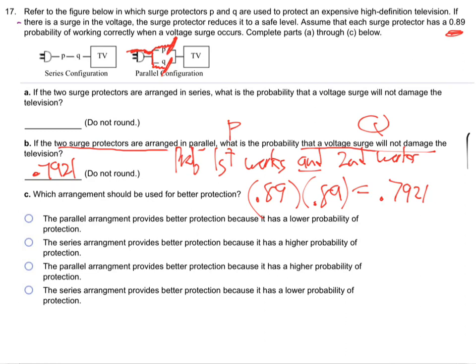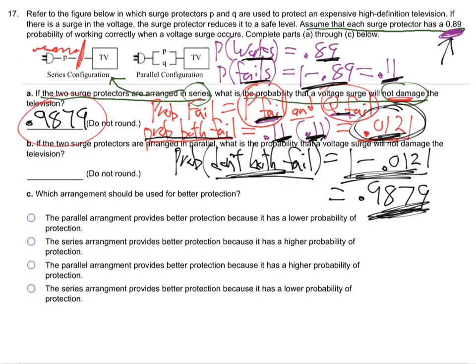So that ends up coming out a lower chance they're both working than the last problem. The last one was a better chance because putting them in series was a better way to go. This is a better way to go, because if one of them is not working but the other is, it'll still block it, won't it? If P fails but Q is still working, it'll block it.